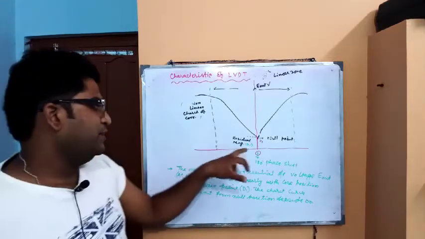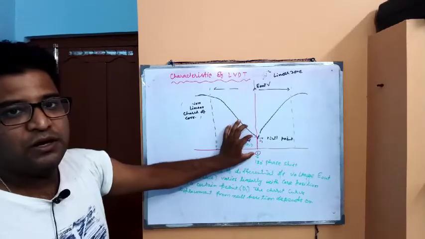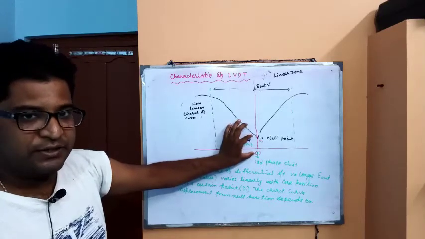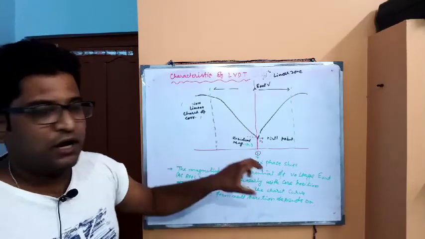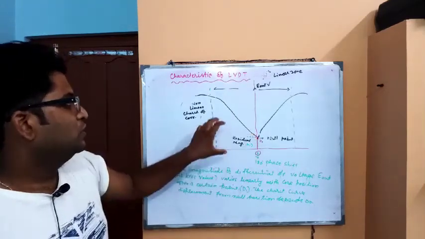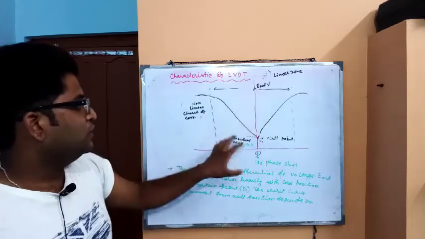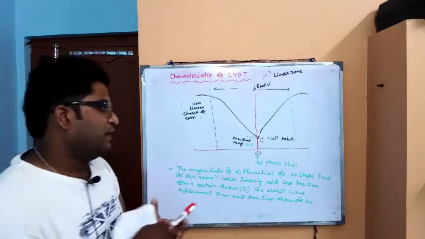So this amount of voltage is due to the effect of residual magnetism induced in the LVDT, and we get the output terminal voltage E out. That is why we have some voltage E out as compared to zero voltage, due to the effect of residual magnetism.